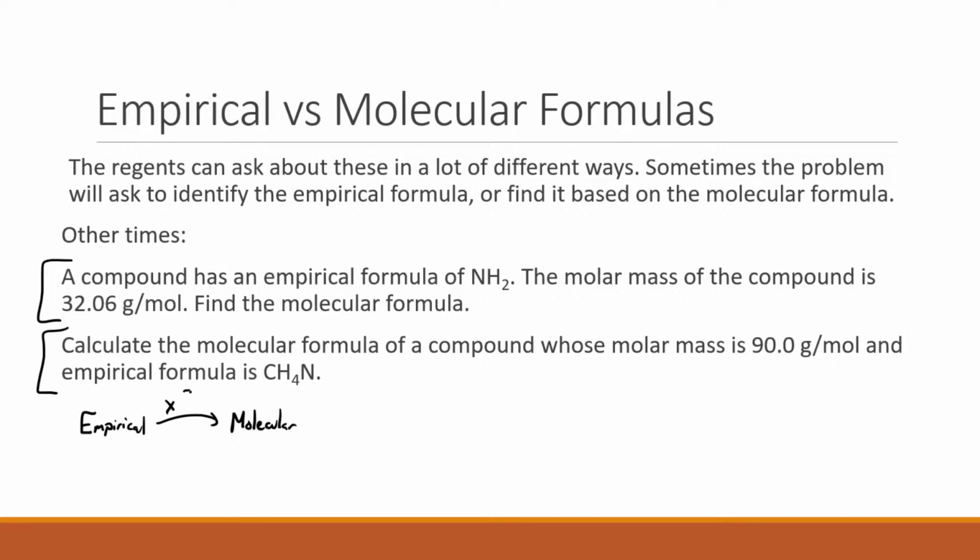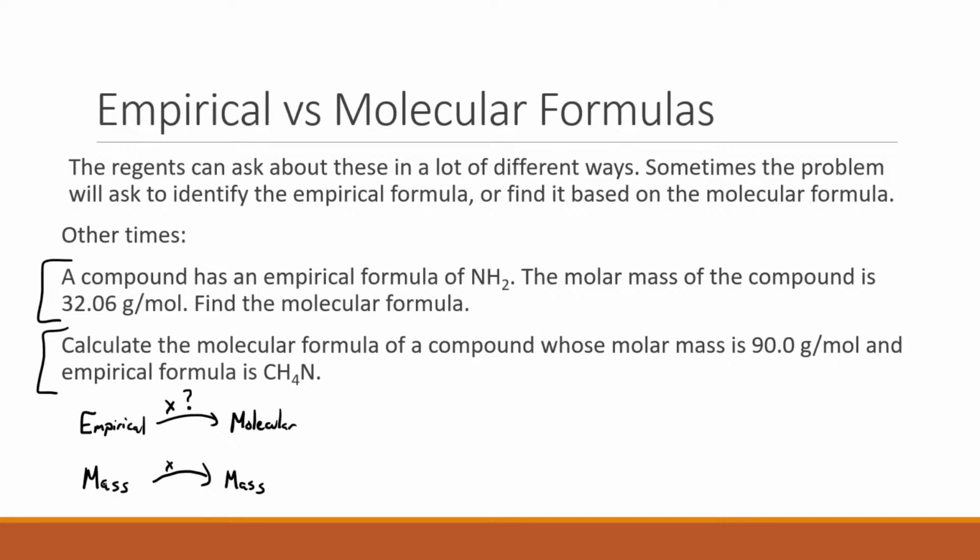But the problem is we don't know what number to multiply by. We don't know how much we reduced with this information that we've been given. And that's why they give us the molar mass. Because if we know the mass of both pieces, we can find the relationship between these two.